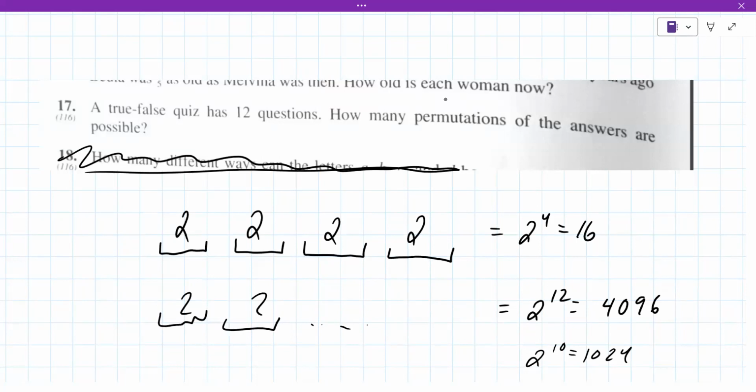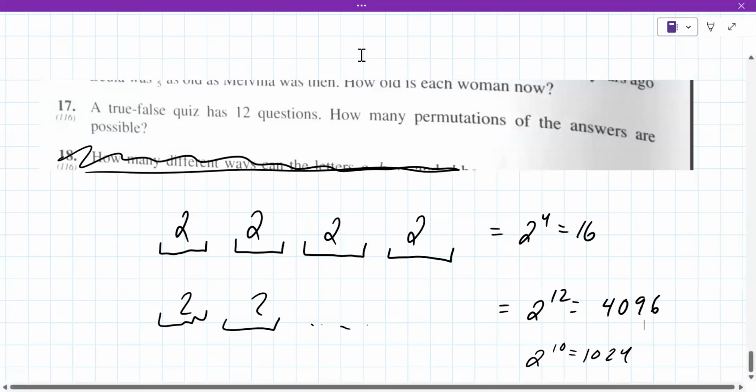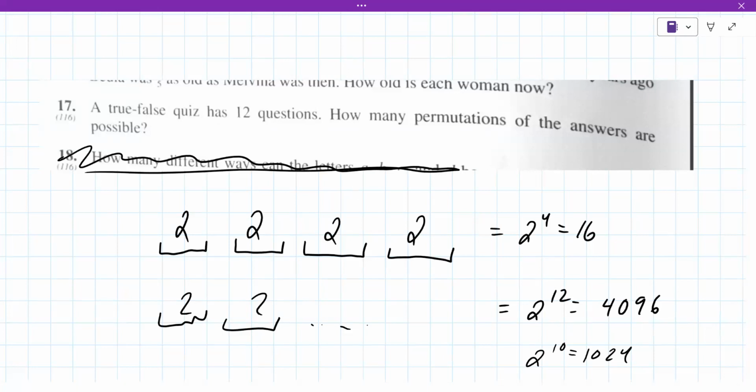So just guessing, you would have a lot of possibilities. You don't want to guess. And it gets worse for multiple choice. If you have 4 answers in multiple choice, these numbers just go up a long ways.